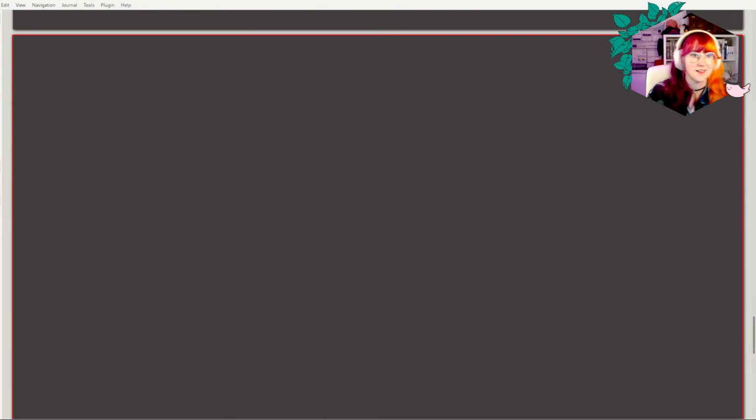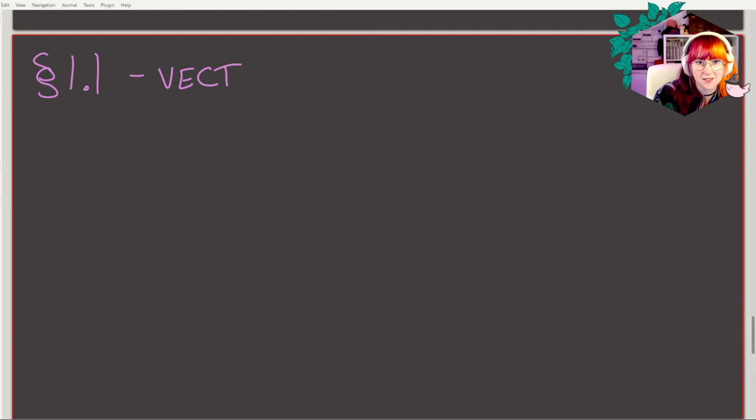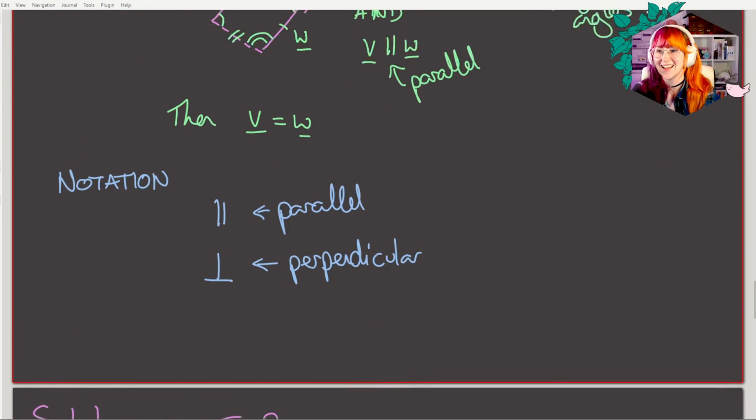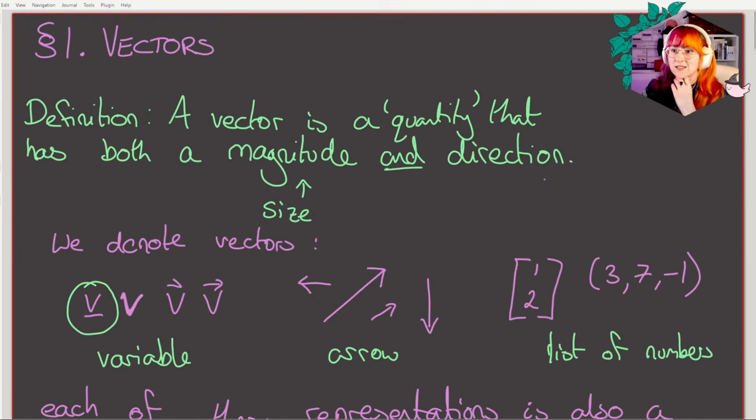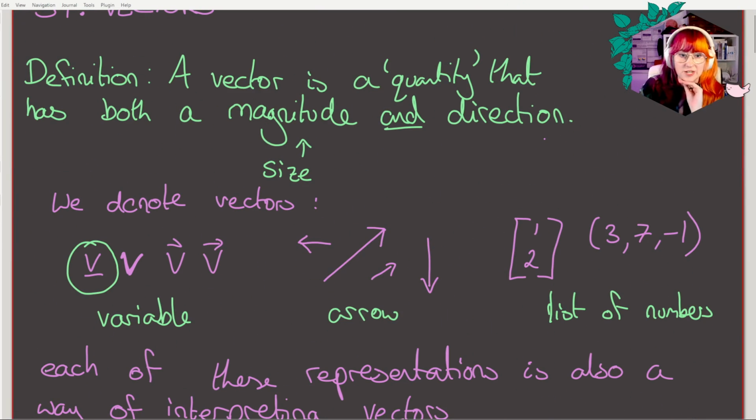Okay. So next section, I want to introduce some algebra. So that's I think basically everything we need to have some vectors. So we define them using these notations. So they're either going to be variables. I personally use an underline, but you are welcome to use a bold font or an arrow over the head or this like half arrow little tick thing that I do.